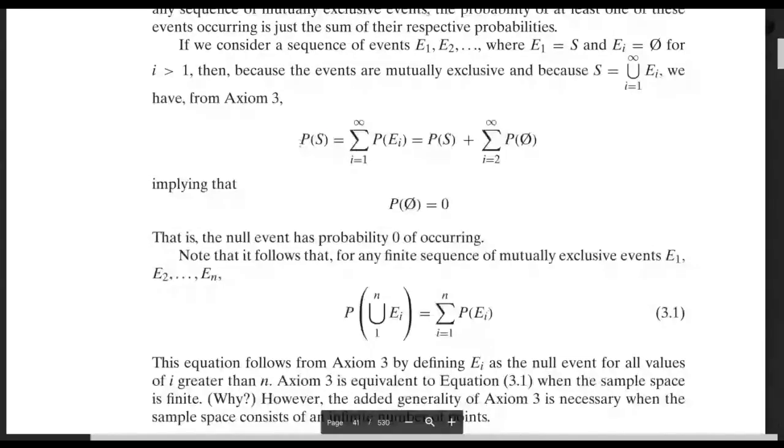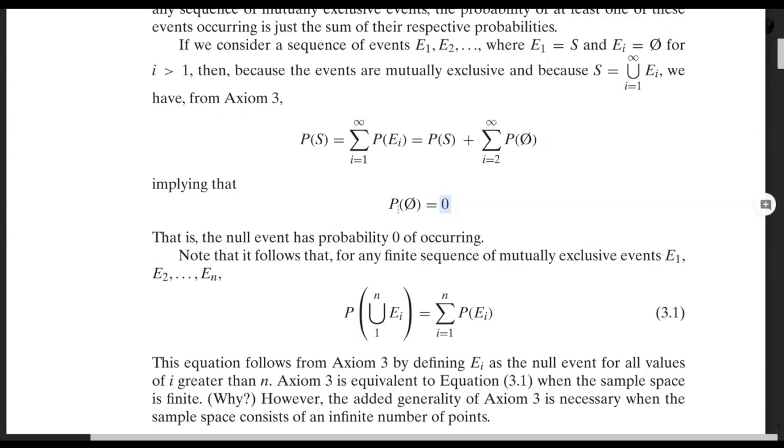From axiom 3, we get that the probability of the sample space equals the sum of the probabilities of the events. And the probability of the empty set equals 0. This is interesting, this is new to me.